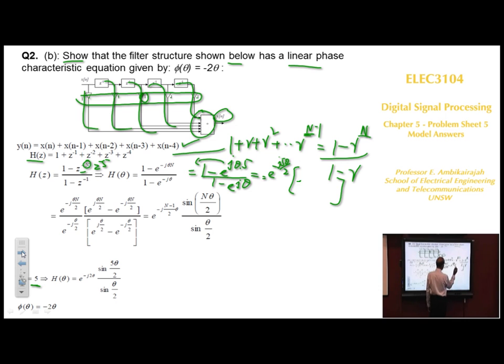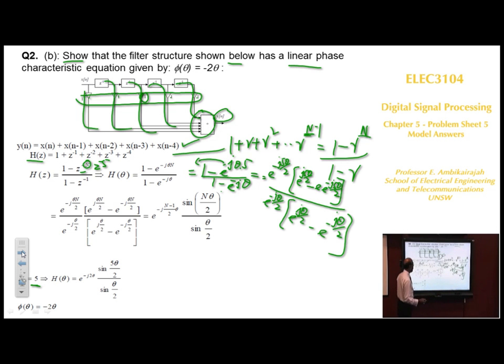When you do that, you get e to the power of j 5 theta over 2 minus e to the power of minus j 5 theta over 2. Similarly, here you take out e to the power minus j theta over 2, so e to the power j theta over 2 minus e to the power minus j theta over 2. And that's exactly in terms of n. So you have taken out, and you get these two terms.